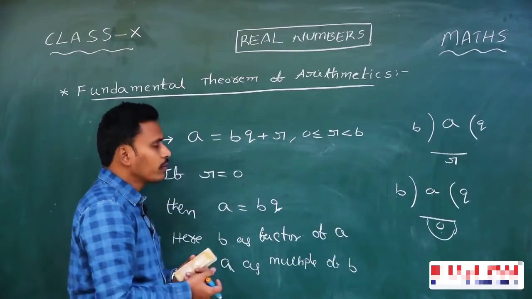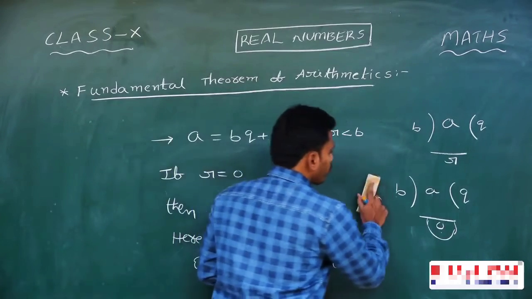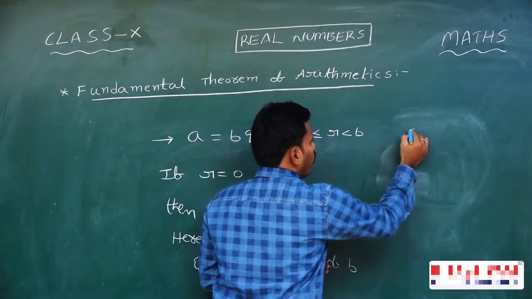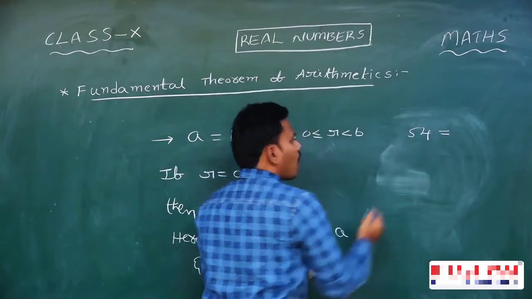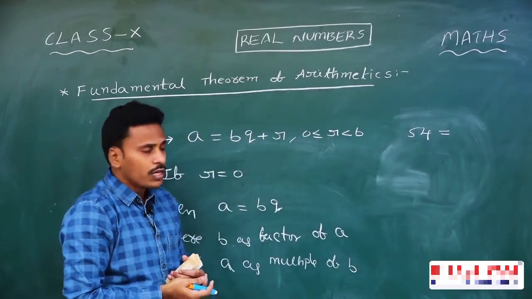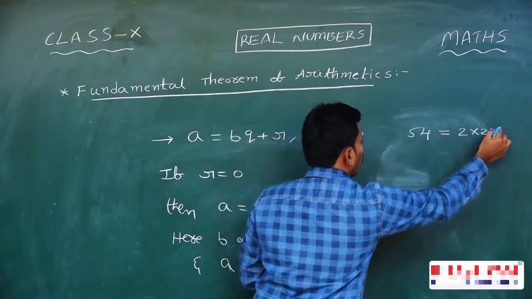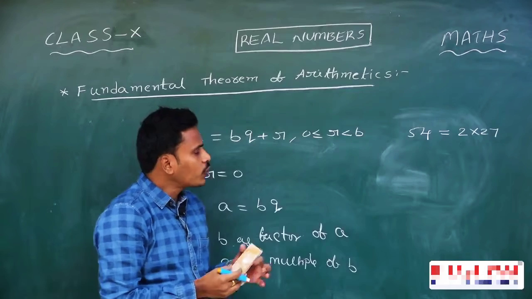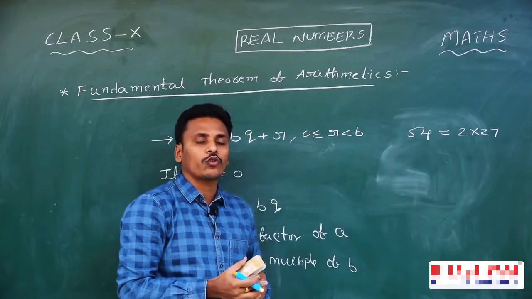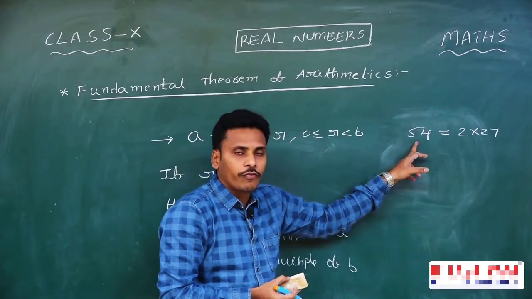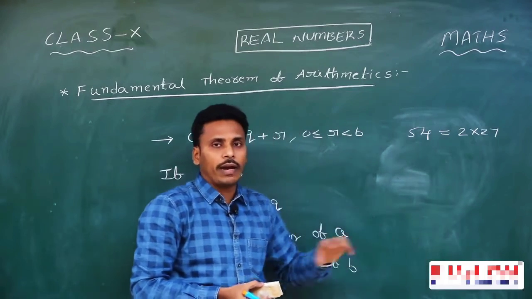For example, look at some examples. Take the number 54. How can we write this 54? If you write 54 as 2 into 27, that in turn represents that when you divide 54 by 2, it leaves remainder 0.